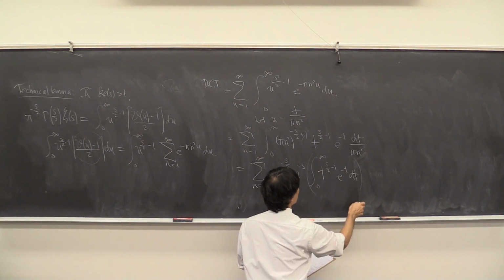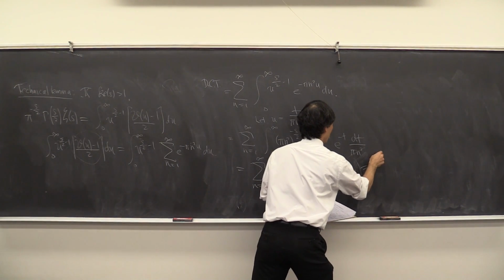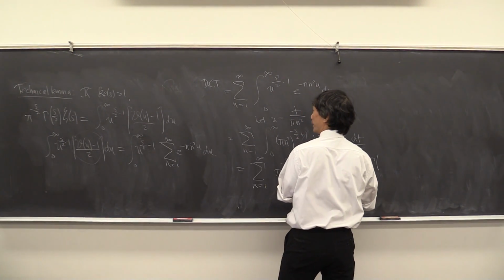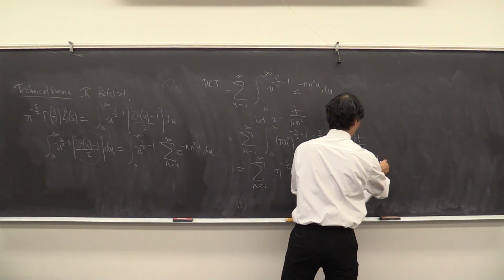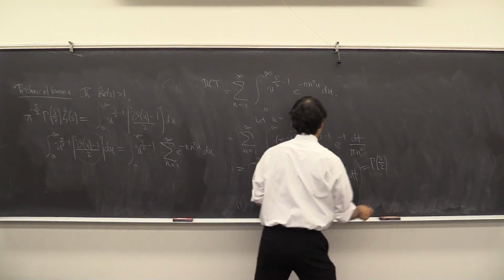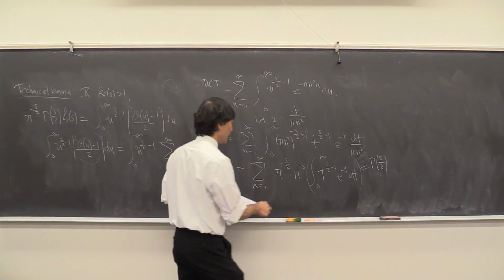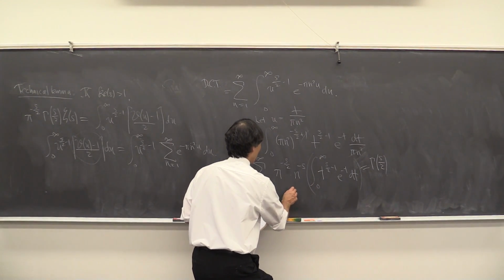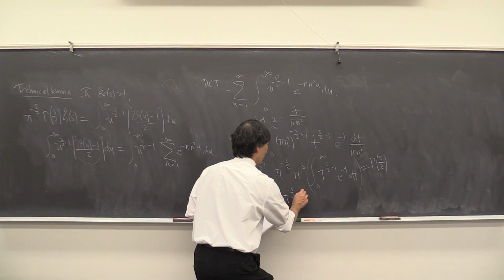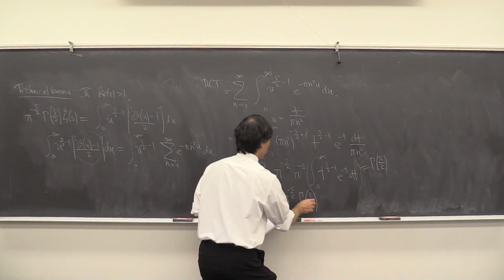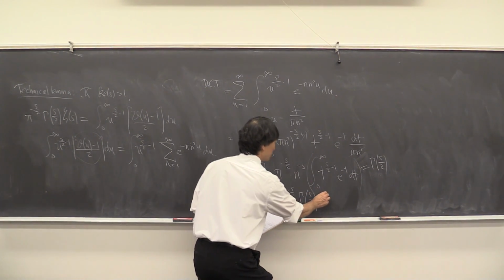That thing here, that's just the gamma function at s over 2. So we get π to the negative s over 2, gamma of s over 2, and then the summation of n to the negative s, that's a zeta function.